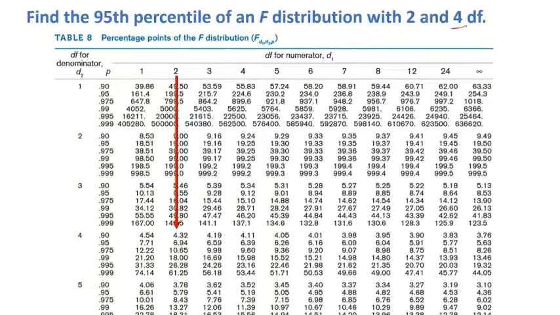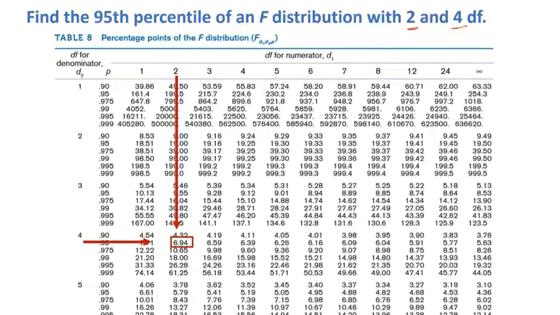So we go to the 4th degree of freedom. And the rows here determine the degree of freedom of the numerator, or D sub 1. So we go to 2, because that's what our problem is, 2 degrees of freedom. And the F value here, therefore, is the intersection between the two, which is 6.94.